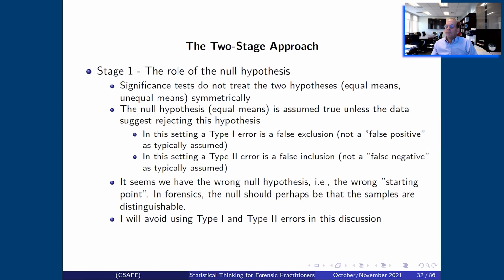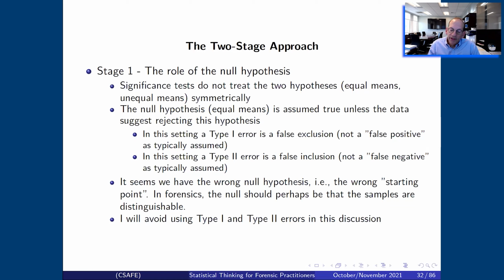Right? The type 2 error is a false inclusion. So now you've said these are indistinguishable, but they really came from different glass sources. So now you've falsely included someone with incriminating evidence when you shouldn't have. And again, that doesn't seem like a false negative to me. So we want to avoid false positive, false negative terms in this setting and focus on false exclusions and false inclusions as our language.